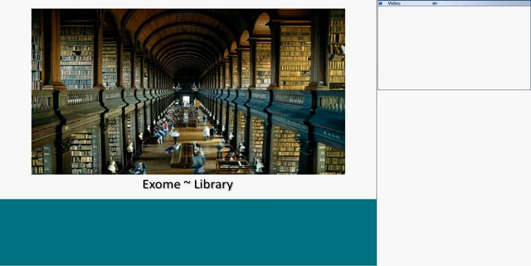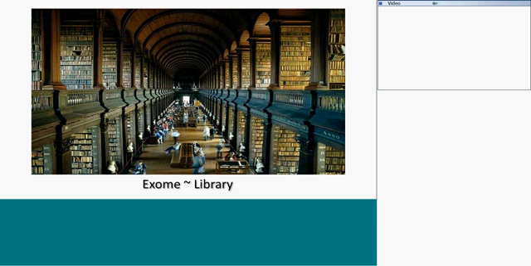Next slide, please. About exome, it's like you're talking about the Library of Congress. This is actually the library in Edinburgh, and you can see how many books we are talking about. When we talk about exome sequencing, we're talking about 20,000 genes in the body that we're going to analyze at the same time.